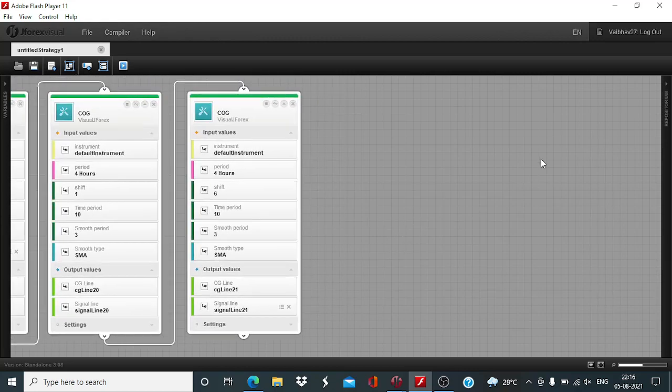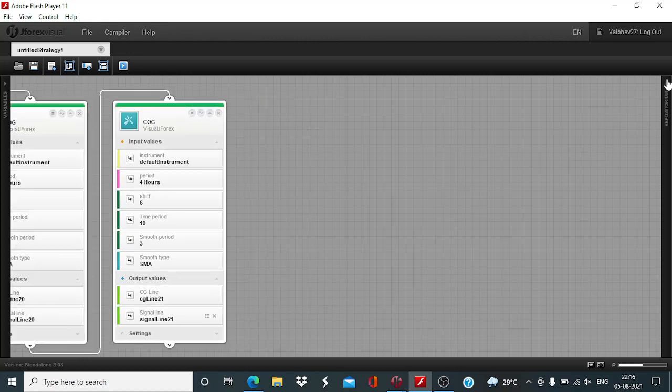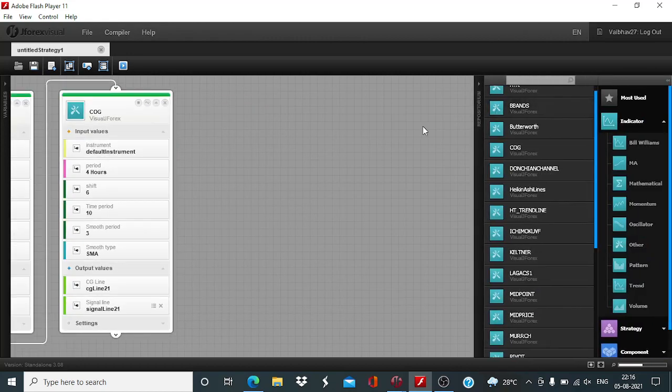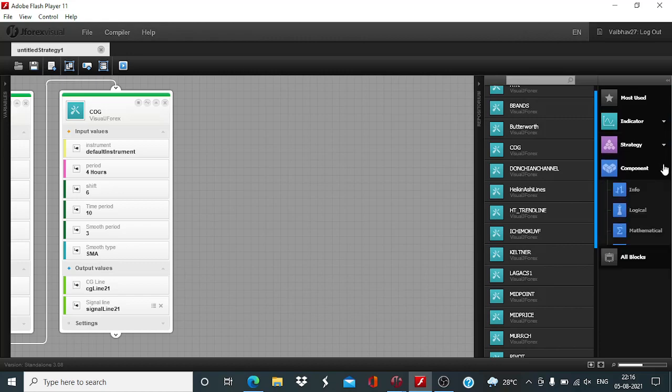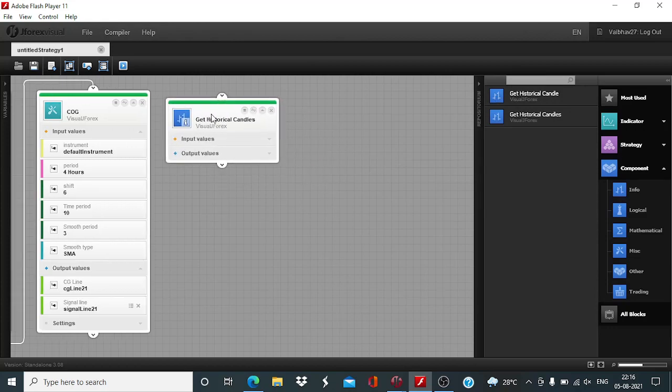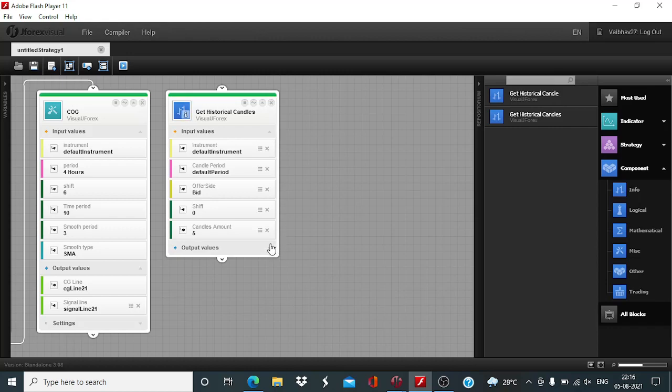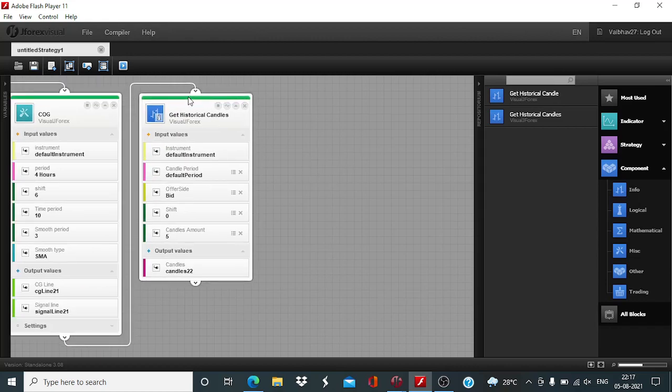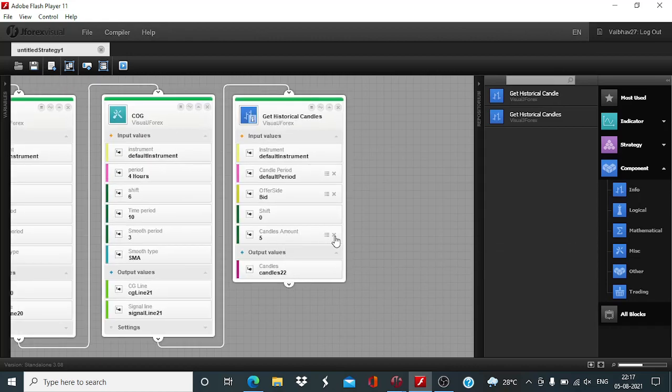And to look at the price volatility, we are also taking the help of get historical candles, the info blocks. One will be for retrieving the data over last 16 hours, so we have to use get historical candles, multiple candle, and candle amount I will change this to 4.